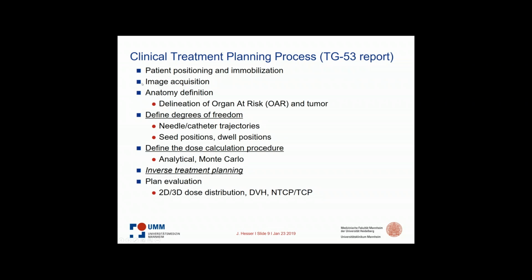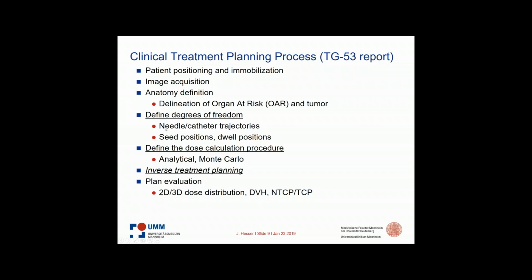Once we have the imaging, then we have a lot of points here which are done on a computer. So we just get the data from the imaging system and define anatomy. That means we have to contour the organs at risk and the tumor. We have to define the degrees of freedom for our planning process.